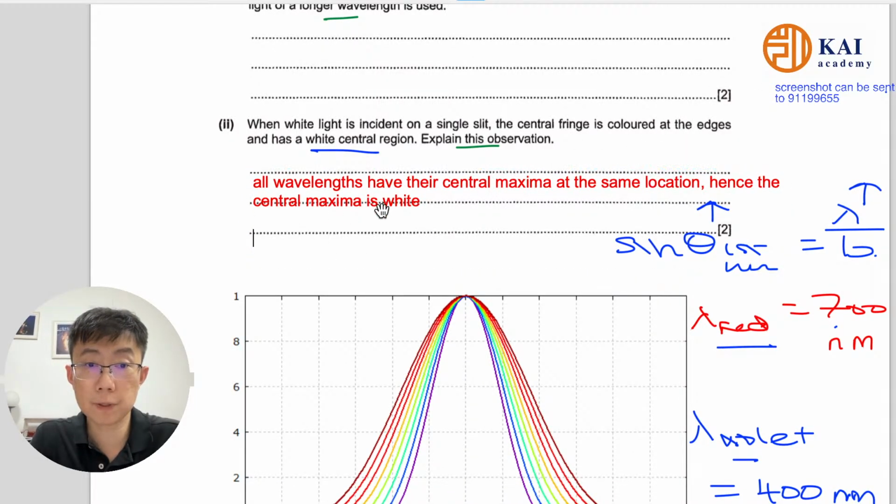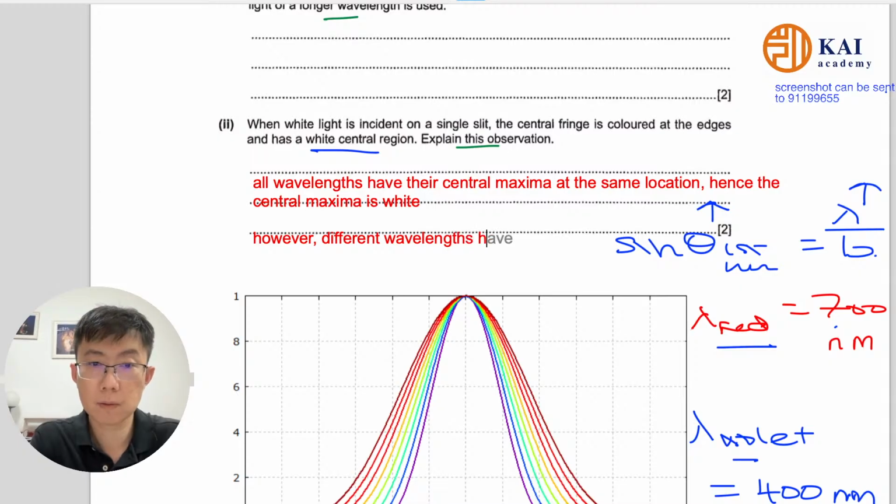Whereas for all other wavelengths, their minima will be different, so they have their first minima at different angles.